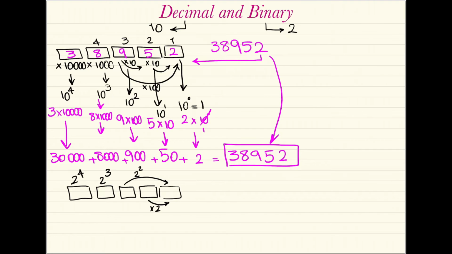And if we go back and have a look at this number, we will realize that no digit is more than 9, no digit is 10, because it cannot be 10. So what it means here is that each box of the binary cannot be more than 1. So we can only have 0 or 1, 0 or 1, 0 or 1, right?